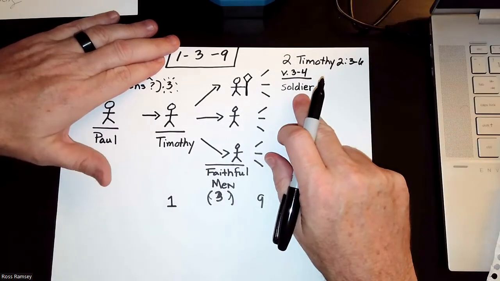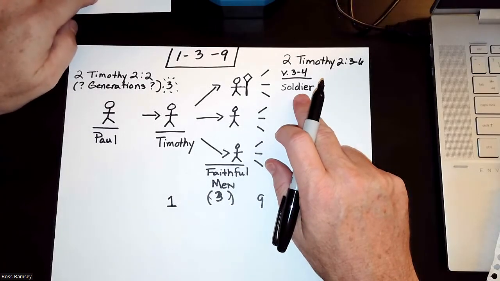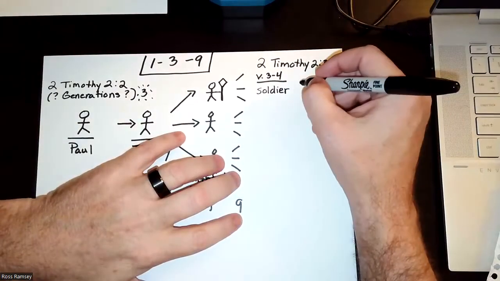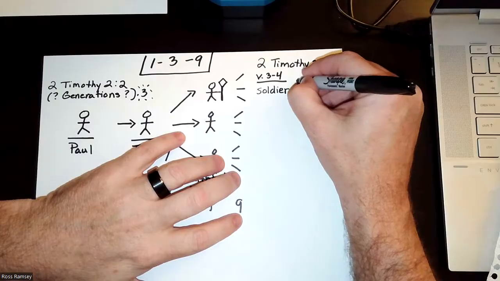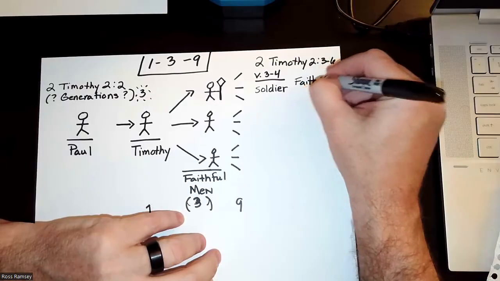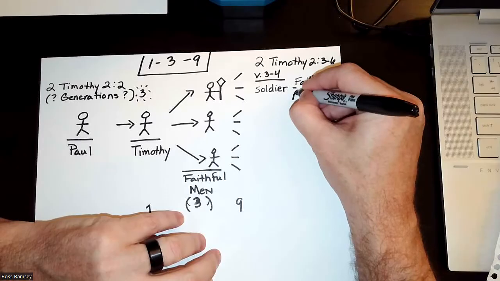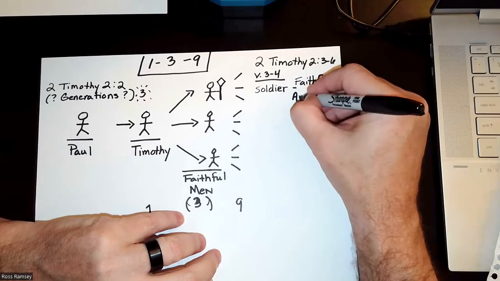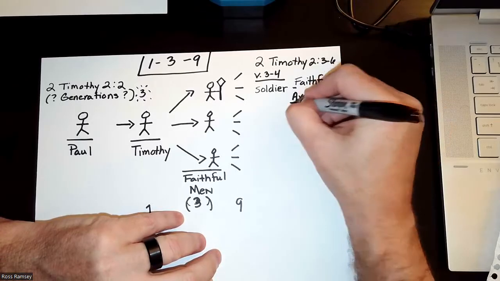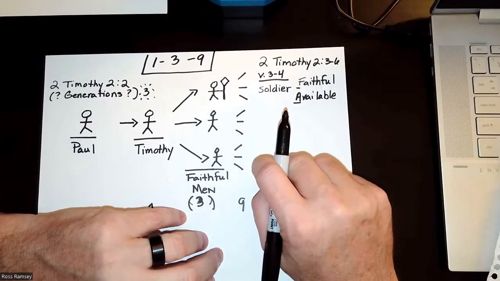A soldier is someone who never leaves their post. So we're going to look for basically two characteristics with them: that they are faithful, which we're jumping off of this theme right here, and they are available. And by the way, read these verses. So we see faithful and available with a soldier.